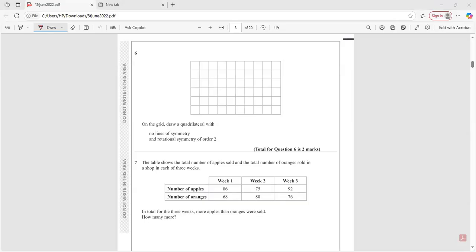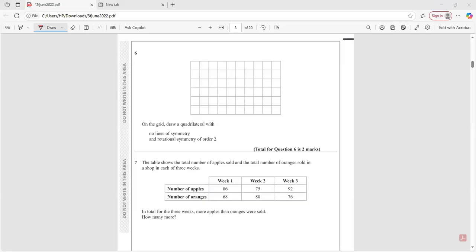The number of times a shape appears the same during a full rotation is called the order of rotational symmetry. For example, a square has a rotational symmetry of order 4 because it looks the same 4 times during a full rotation.